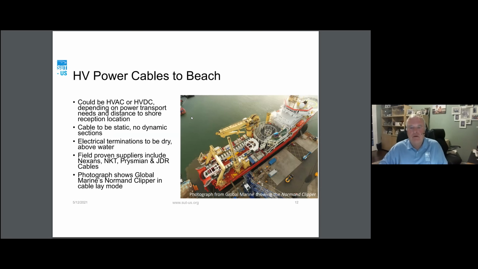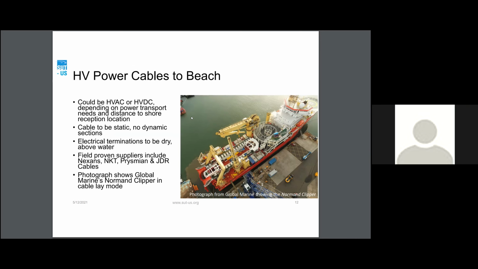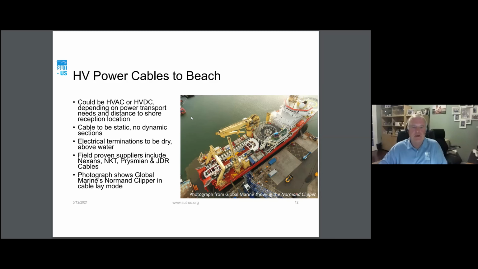So moving on now, once again, to proving the technology, this shows a photograph from Global Marine with the Norman Clipper. And this looks as though it's geared up for fixed wind, but you'll see the carousel midships for the cables, and this may be good for array cables, but the main export might need a bigger ship.